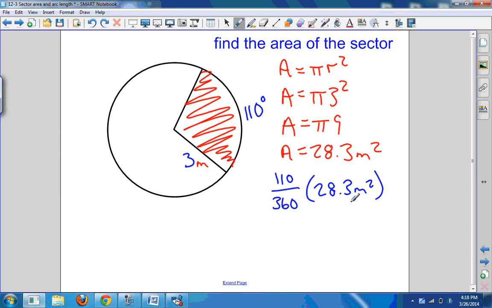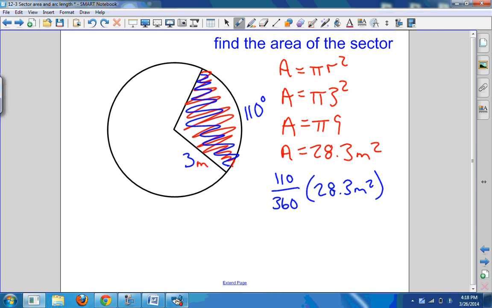So we can look at the ratio 110 over 360 and multiply that by our total area of the whole circle. It'll give us just the percentage that we want.